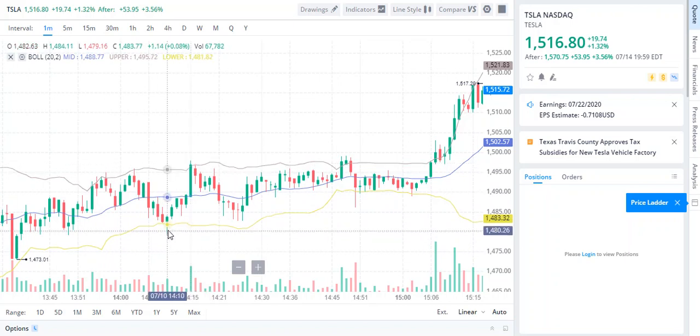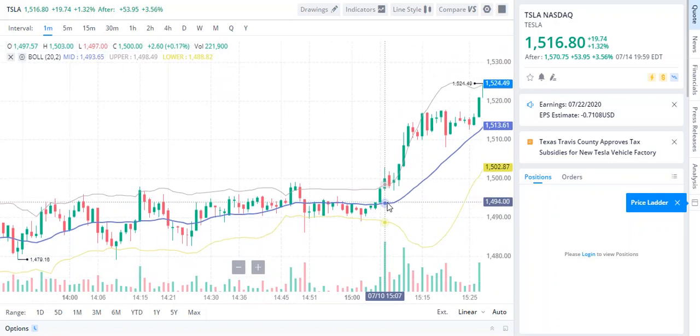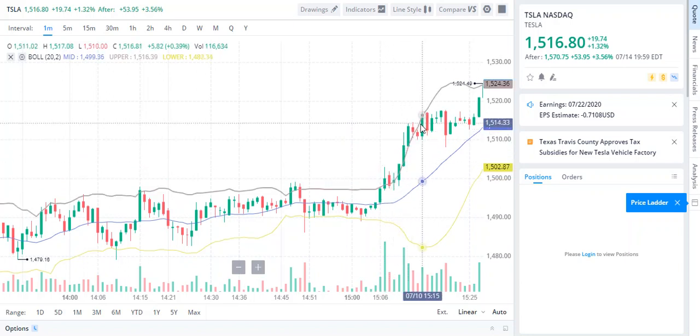You buy when it's oversold, then you wait until it goes up here to overbought, and you wait until it crosses back below, like right here. Right here is where you would sell.